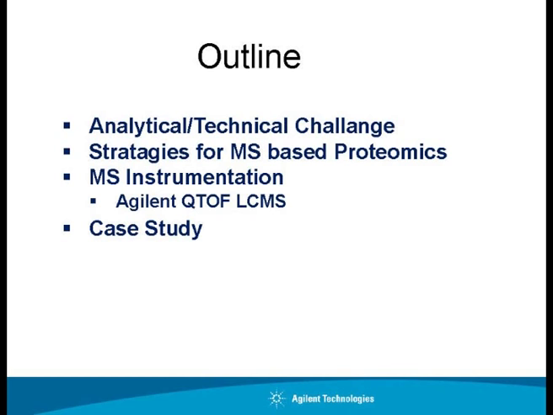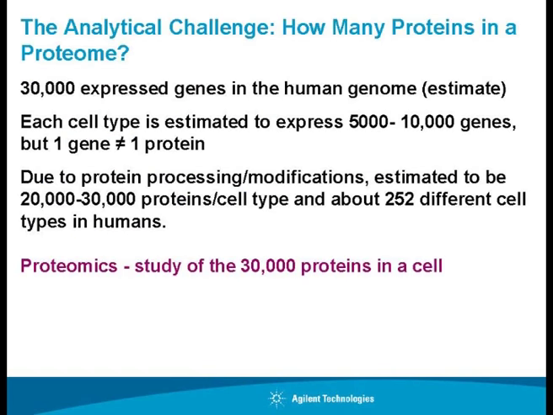So what is the analytical challenge? When we say proteomics, what is the challenge, and how to address it? The challenge remains the same as what we discussed in the previous presentation: if we say human, there are almost close to 30,000 expressed genes in the human genome, and each cell type is estimated to express almost 10,000 genes. But one gene is not equivalent to one protein. One gene can express many proteins.